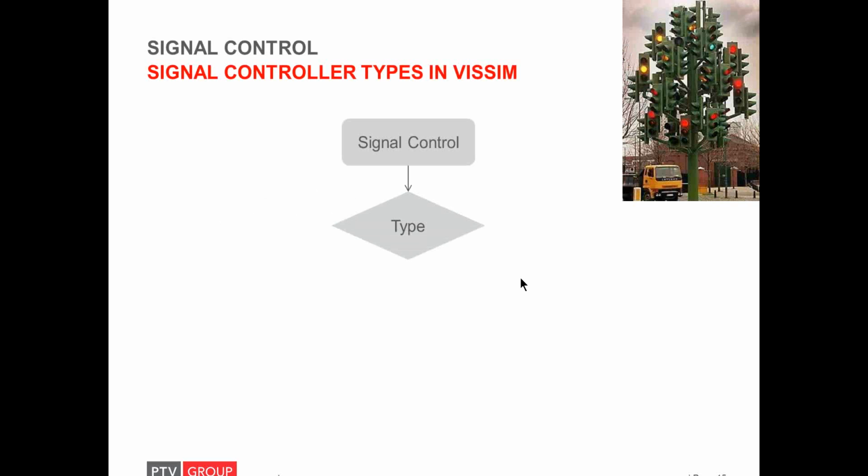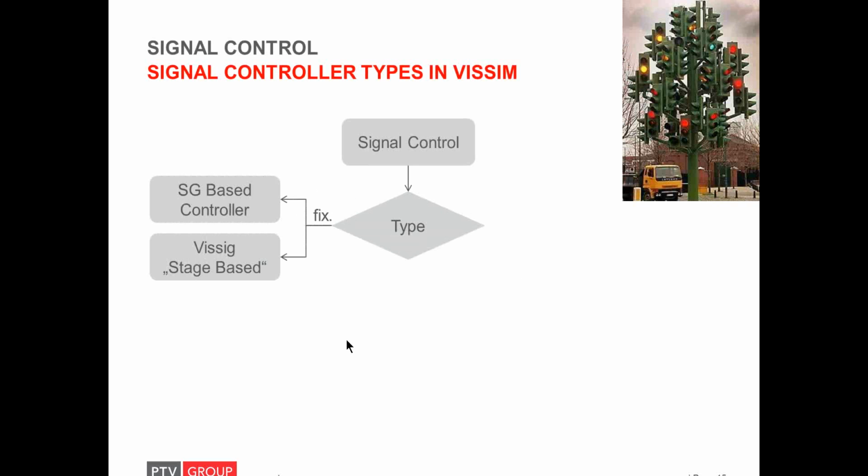Traffic signals are a very important part of the road transport systems, and they determine operations to a large extent. And hence, they have to be simulated in a realistic way, as realistic as possible for the simulation to be relevant. There are various ways to simulate traffic signals in Vissim. Fixed time controllers can be modeled based on signal groups or based on stages.